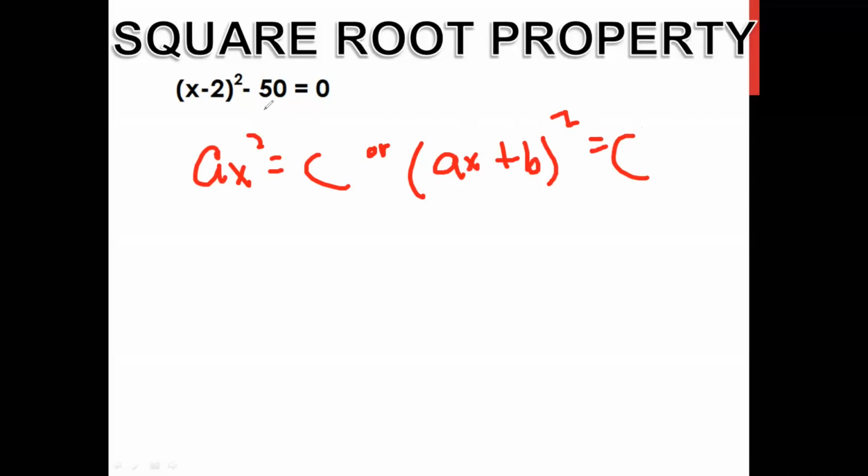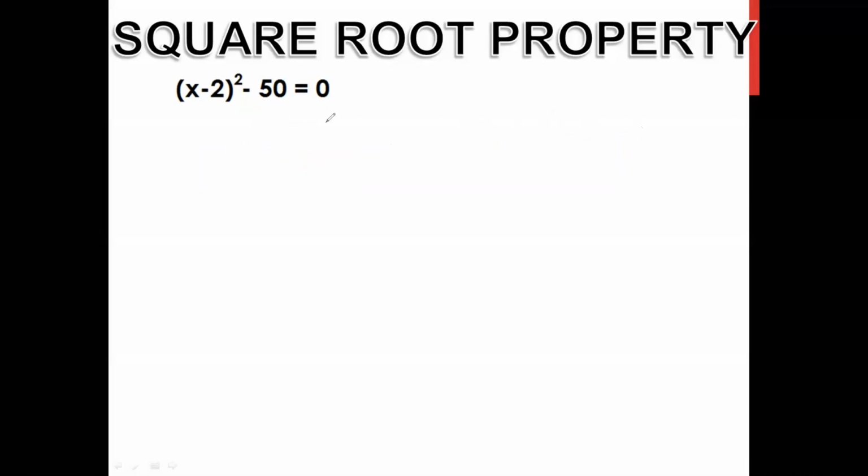So we need to transpose the negative 50 to the right side. Okay, transpose the 50. So we get (x minus 2) squared is equal to 50.